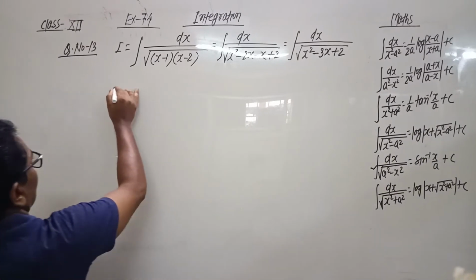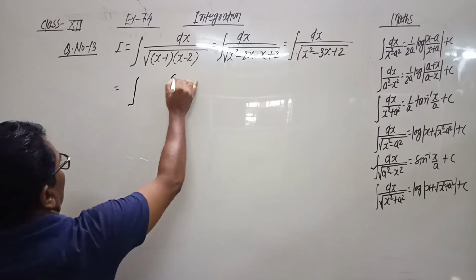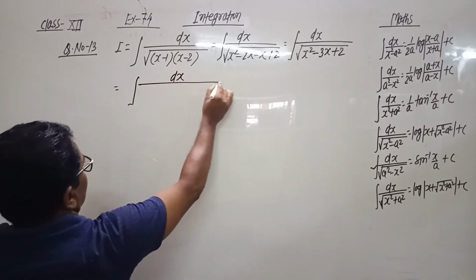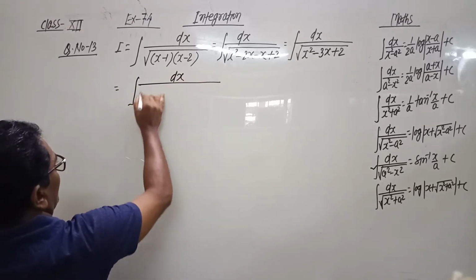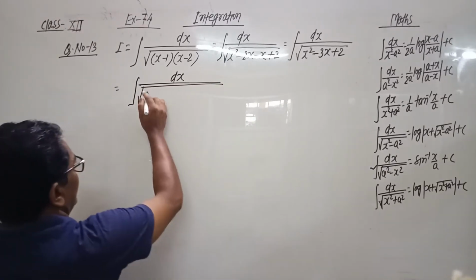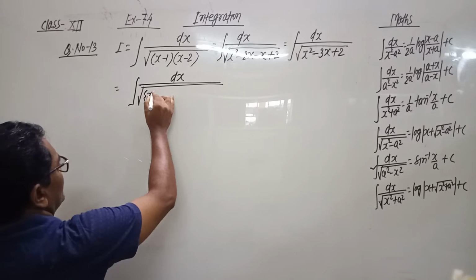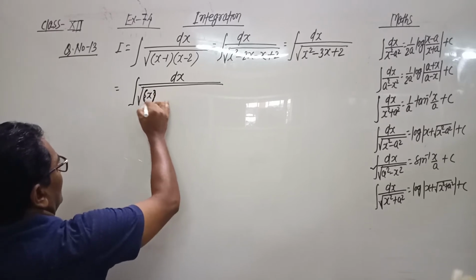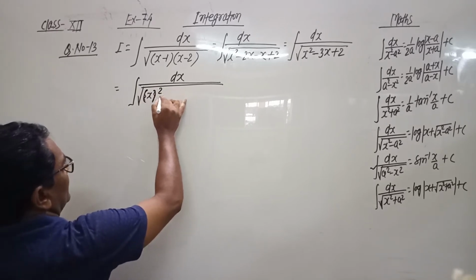So for making the square form, it would be written integration dx upon under root of x square, written as x the whole square, minus.